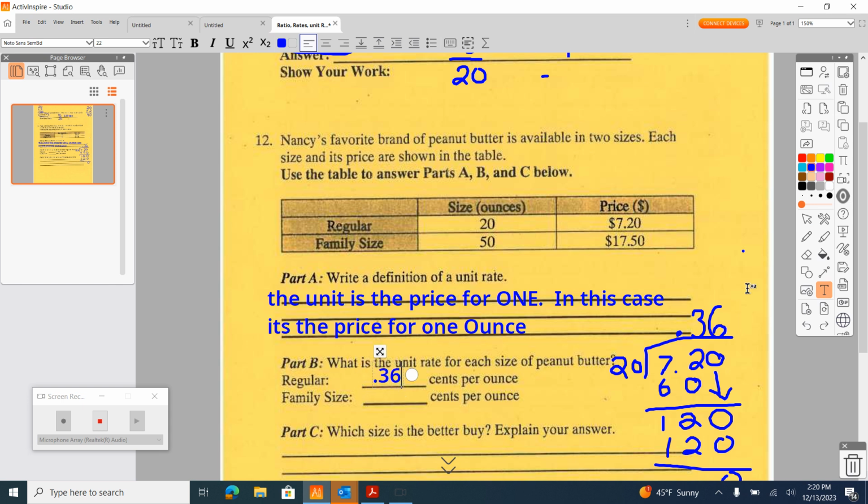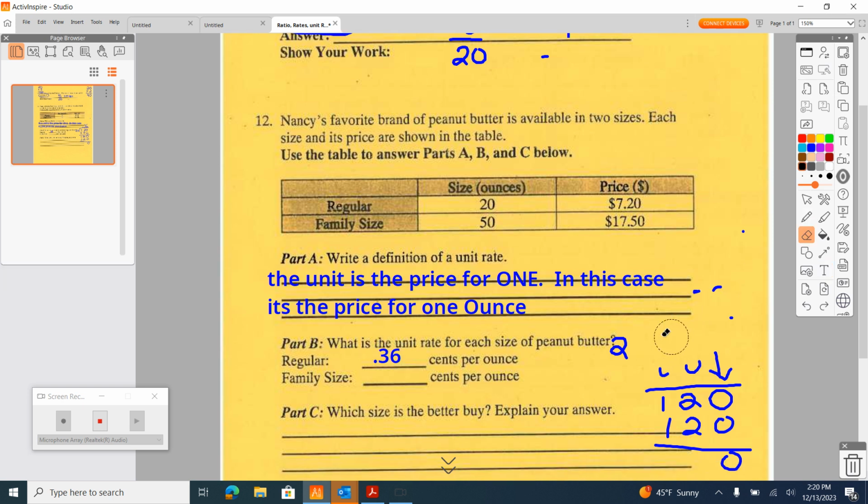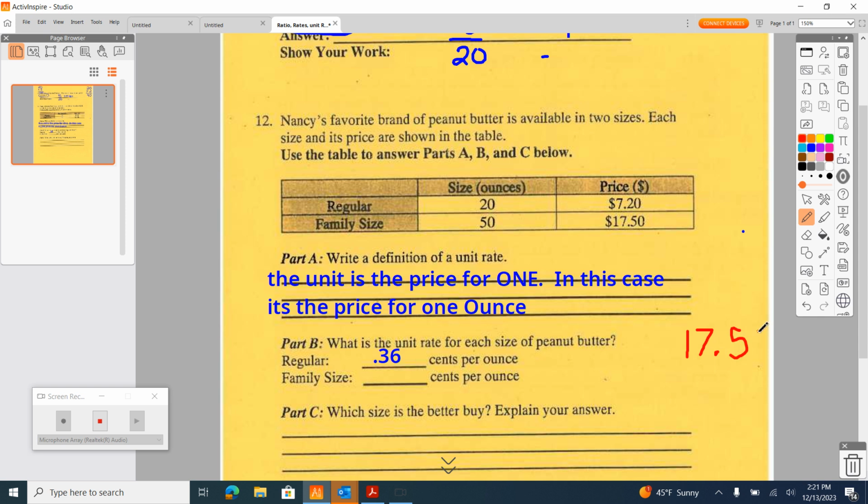Now I'm going to erase all of this. And I'm going to go to red. And I'm going to say for the family size, I have $17.50. That is expensive. A big jar of peanut butter for 50 ounces of peanut butter. 50 does not divide into 17.